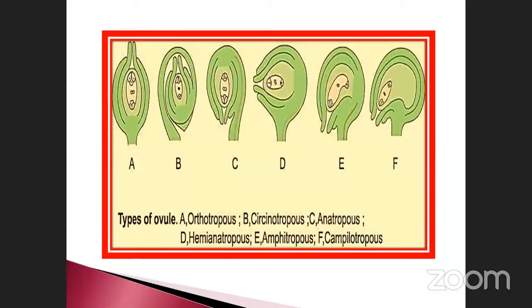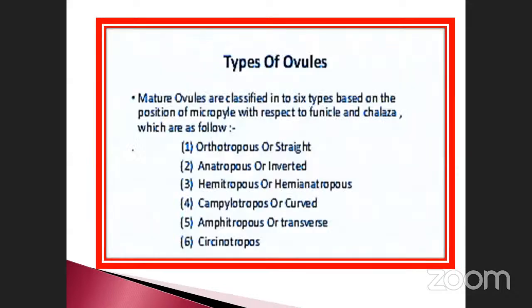Last class, we discussed a little about ovules. What are the types of ovules? How are they classified according to their structures? They are classified based on the position of the micropyle with respect to the funicle and chalaza.